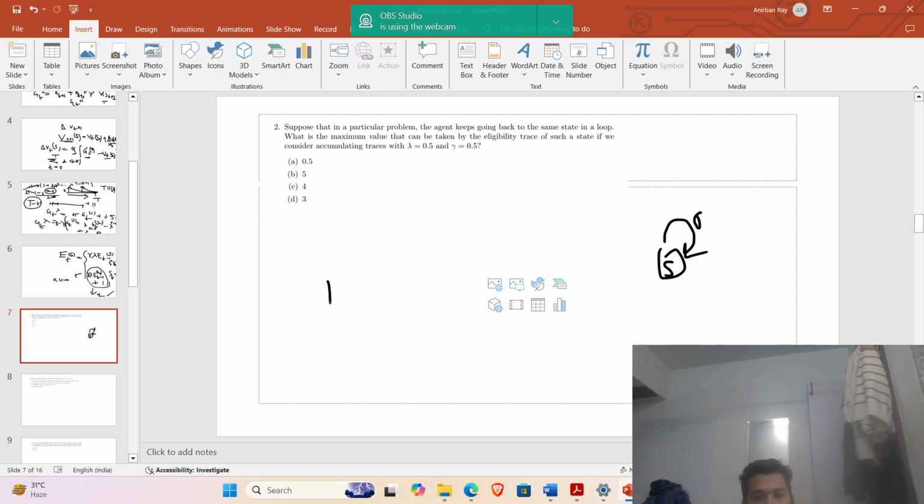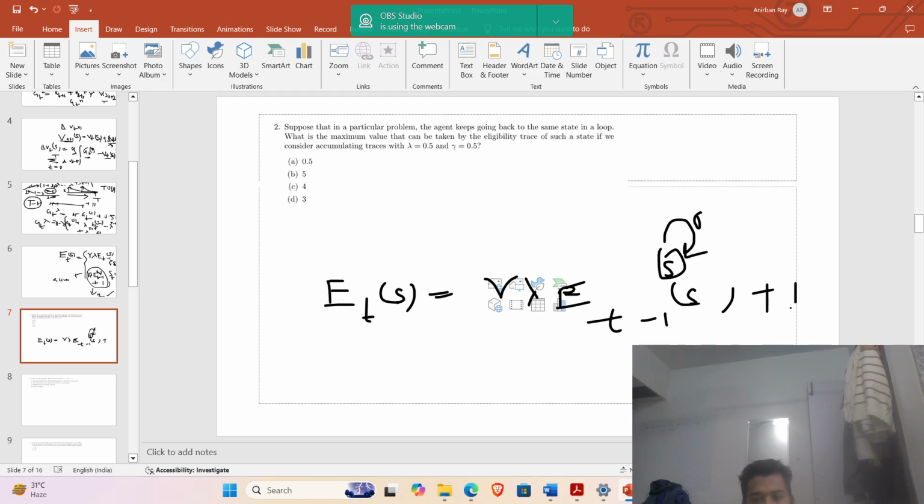So what is happening is that it repeatedly goes to that state only, okay? This is in a loop, gamma lambda times the eligibility trace at t minus 1, and then you keep adding 1, okay? That is the theory, right?